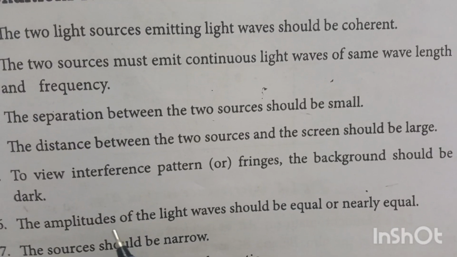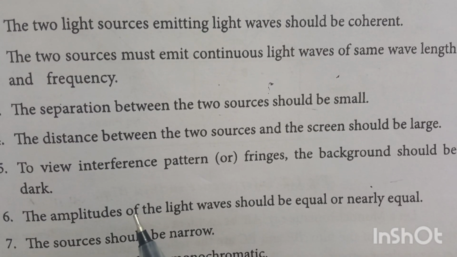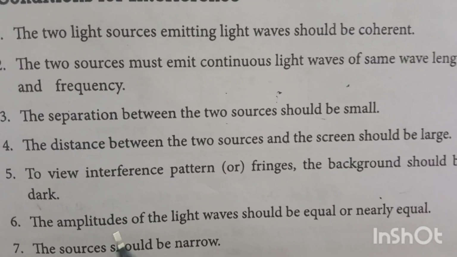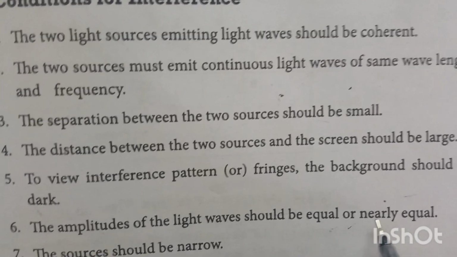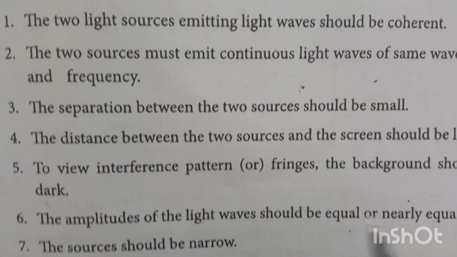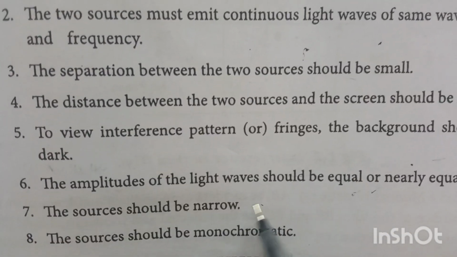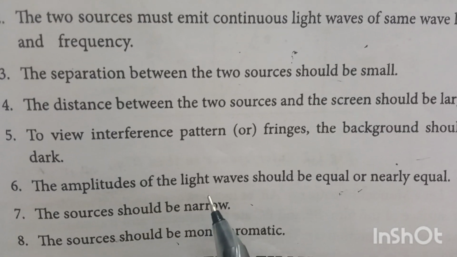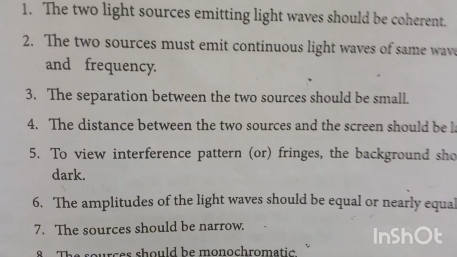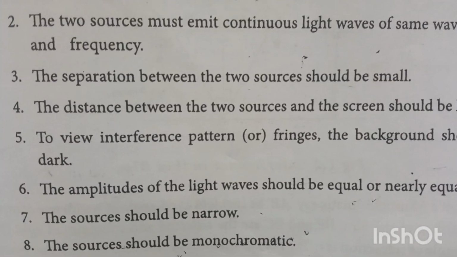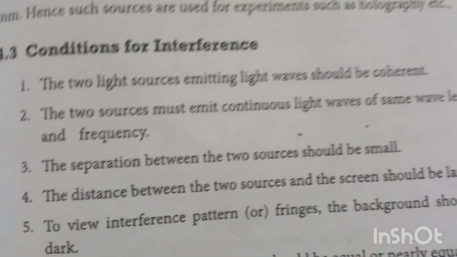There exist two sources and also two light waves, that's why the amplitudes should be equal or nearly equal. Nearly equal means approximately equal. And the source should be narrow, and the source should be monochromatic. It is important. So these are the sustainable conditions to get an interference pattern.